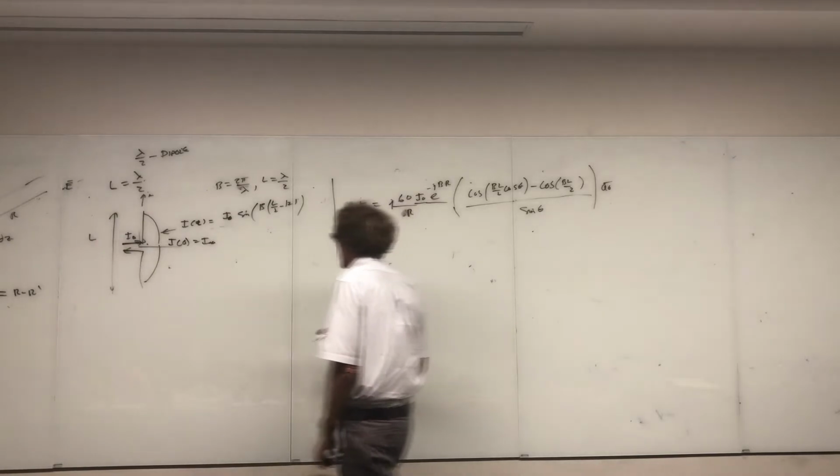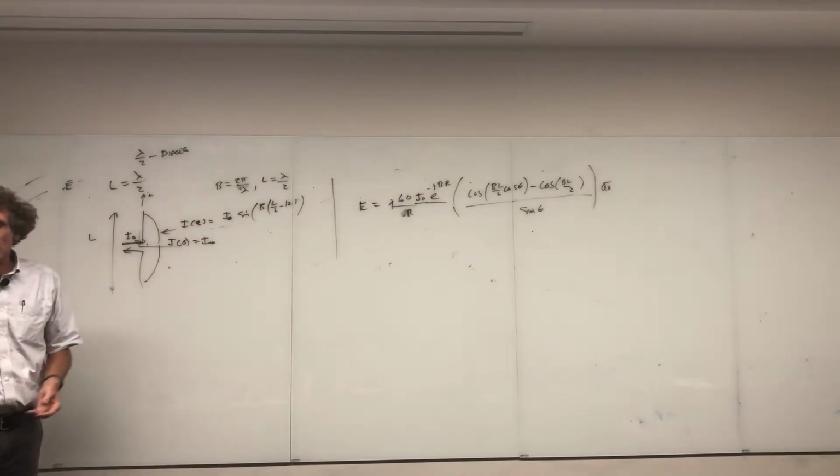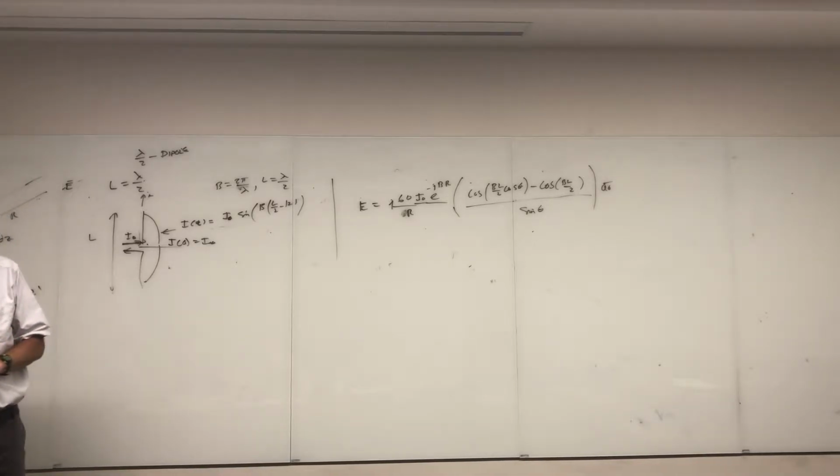Now, here's the thing you've got to notice about this. That's it for any arbitrary length antenna. Specifically, we have a length of lambda over 2.